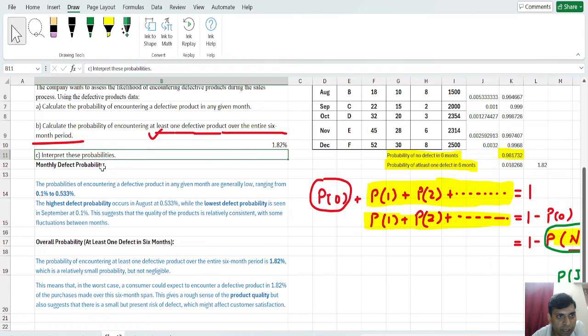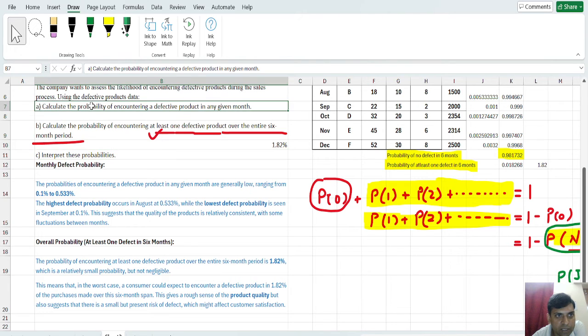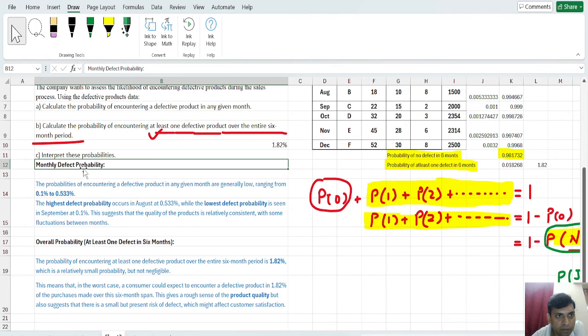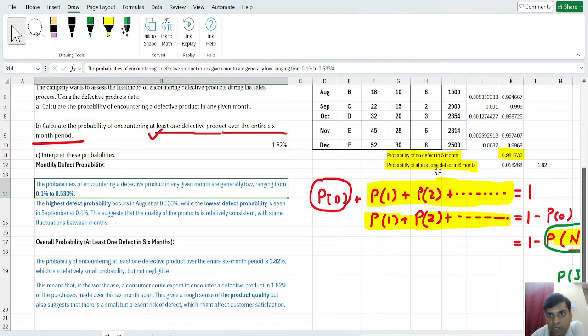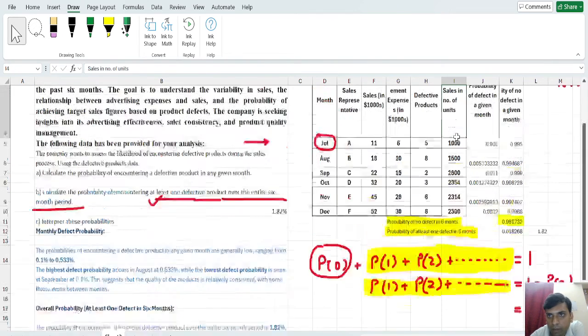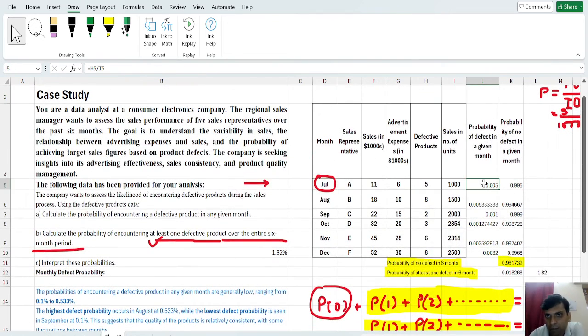So monthly defect probability and overall probability of at least one defect in 6 months. So first is this one and second is this one. So we were defining this first case A. In this case you will see, in the probability of each month, the minimum value is this, this is 0.1%, if we multiply this with 100.